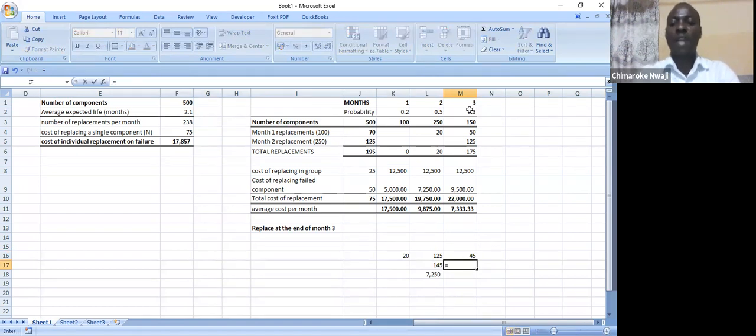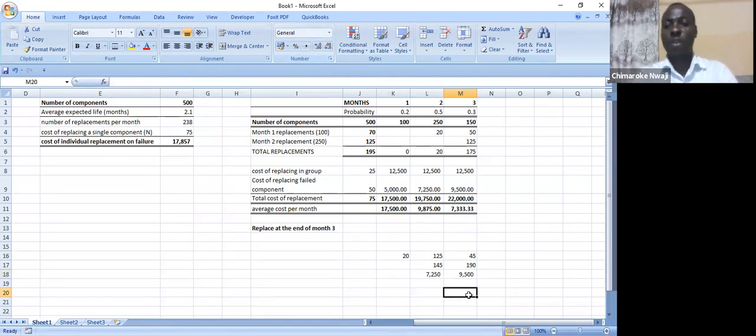If I add month 1, month 2 and month 3 together, I am getting 190. Now if I multiply 190 by this 50 naira here, I'm getting 9,500. So that's how we got the 9,500 that you saw in the solution.